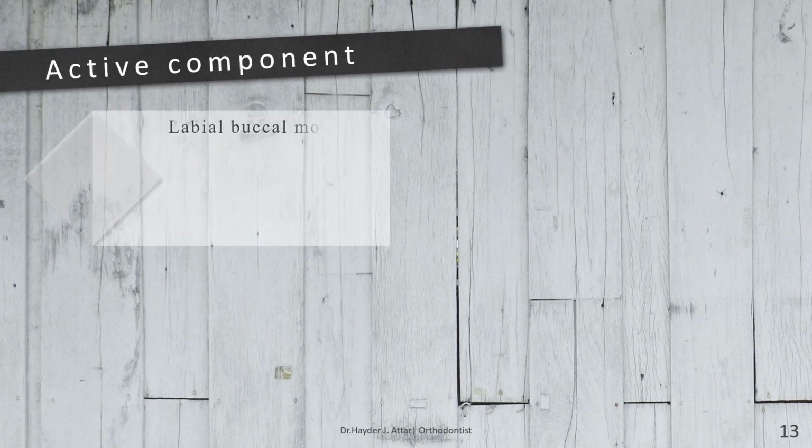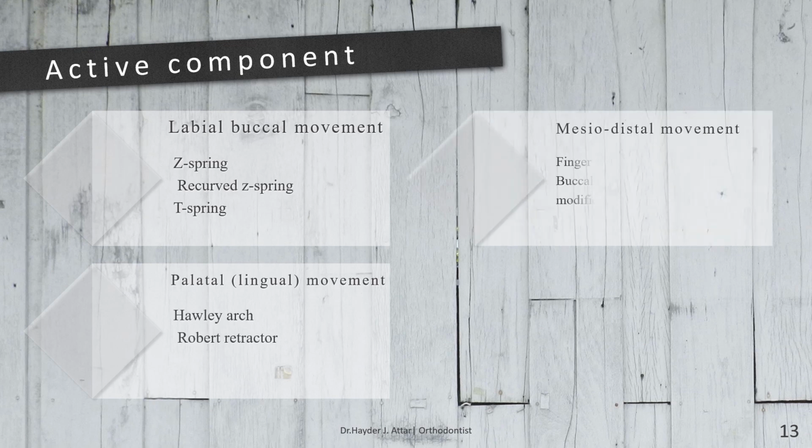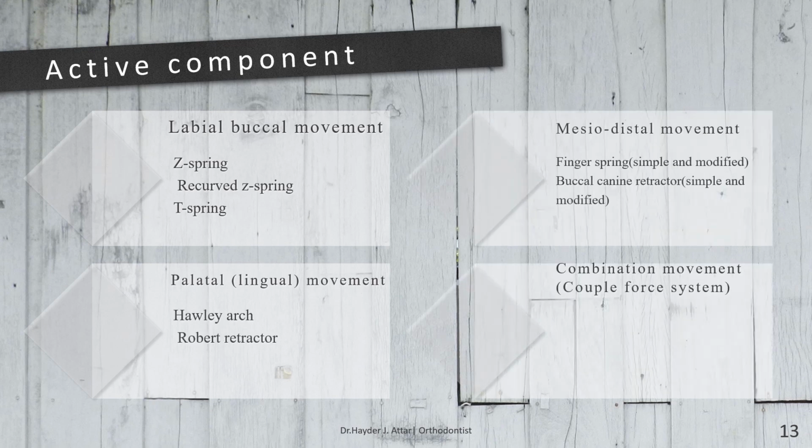The active components include the springs, the screws, and elastics. The springs are divided according to the movement into labial and buccal movement, such as the Z spring, recurve Z spring, T spring.